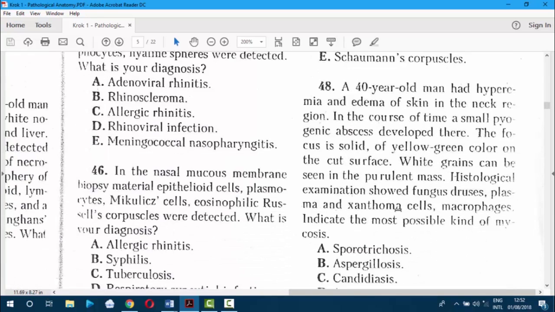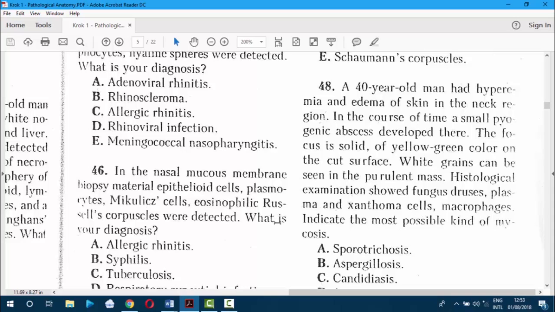48. A 40-year-old man had hyperemia and edema of skin in the neck region. In the course of time, a small pyogenic abscess developed there. The focus is solid, of yellow-green color on the cut surface. White grains can be seen in the purulent mass. Histological examination showed fungus juices, plasma and xanthoma cells, macrophages.